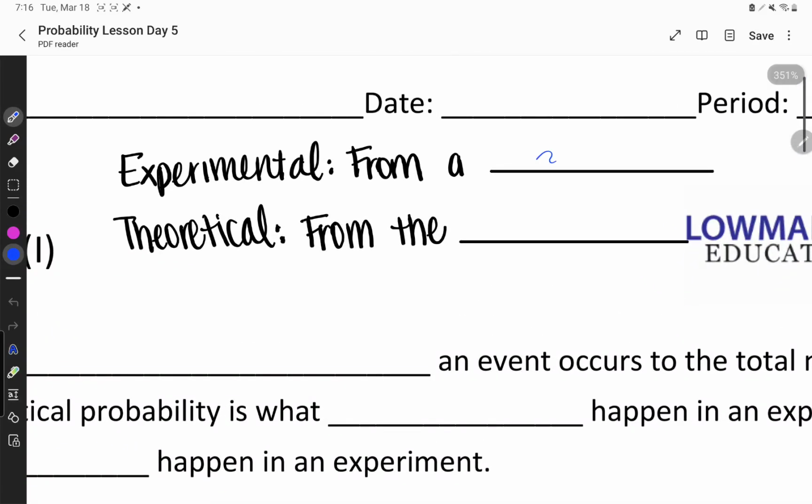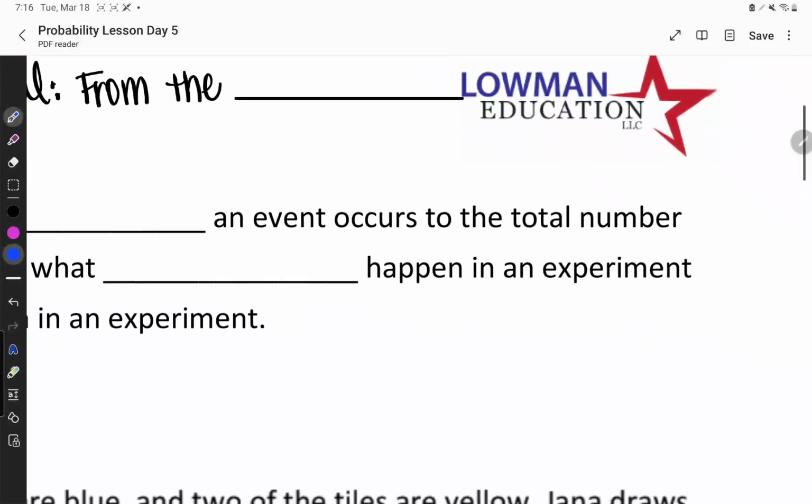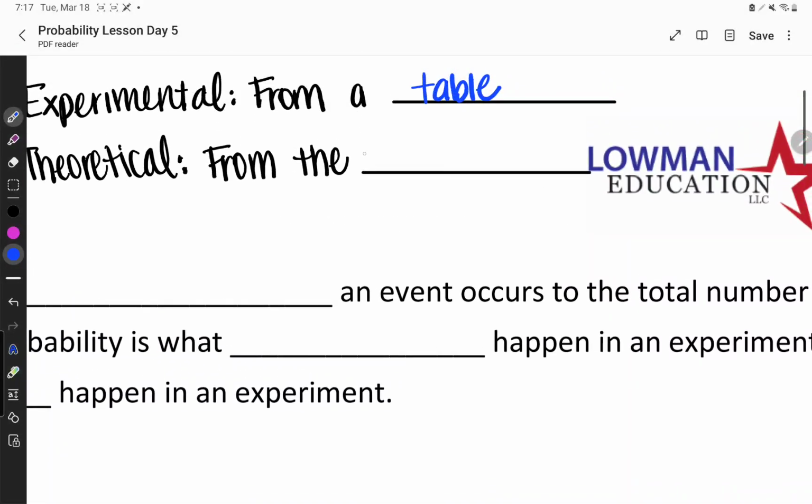Experimental probability is usually from a table. And theoretical probability is just from the word problem itself.